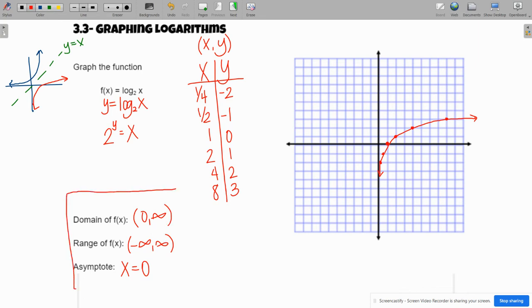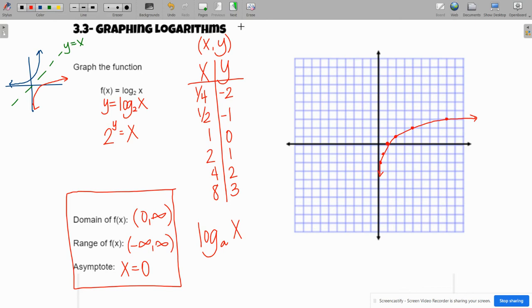And this is going to be the case for all logarithmic functions of the form log base a of x without any transformations, with all the restrictions that we've talked about before, like a can't be negative.